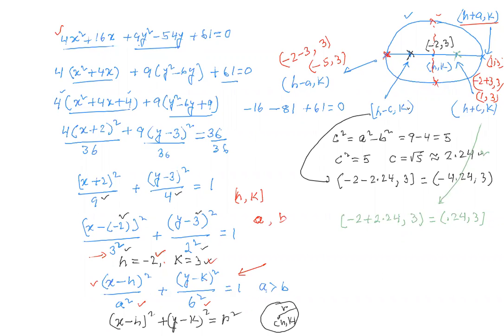Also, a is 3 and b is 2. Whatever is in the denominator, you square it. Then you can find c square is equal to a square minus b square, and from that you can find c. So once you find c, you know a, you know b, you know h, and you know k, you can find all of these values.